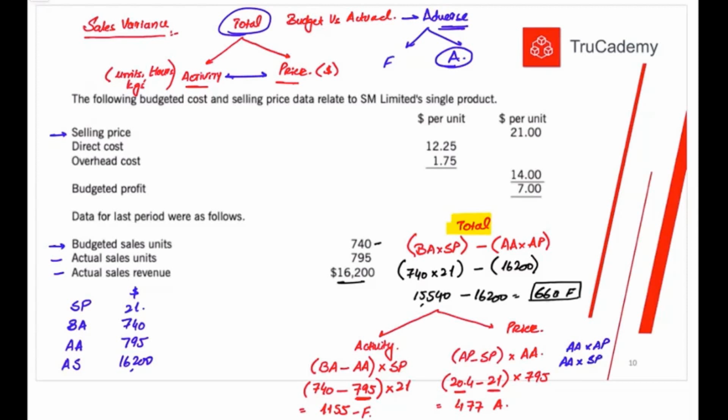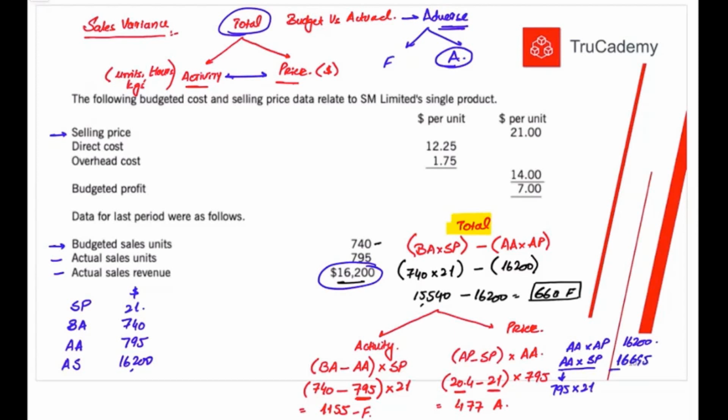Actual activity into actual price is our actual sales, 16,200. Then the flex one: actual activity is how much? 795. Standard price is 21. How much were we supposed to get from the customer? 795 into 21. We were supposed to get 16,695.